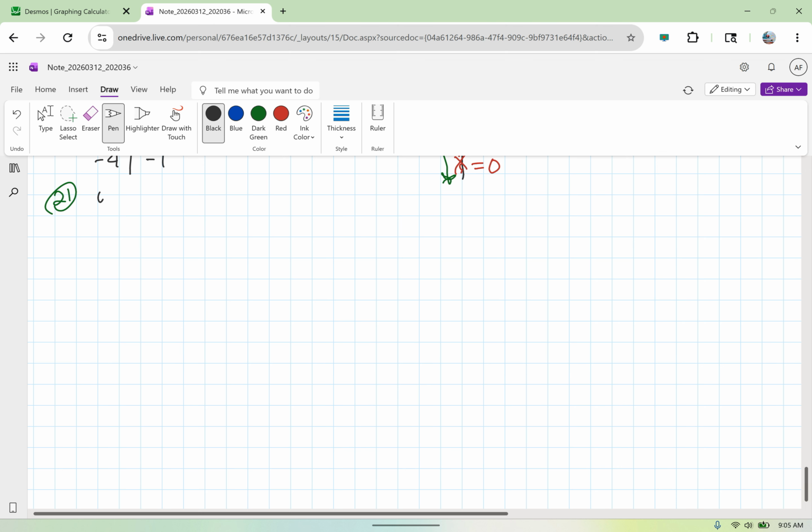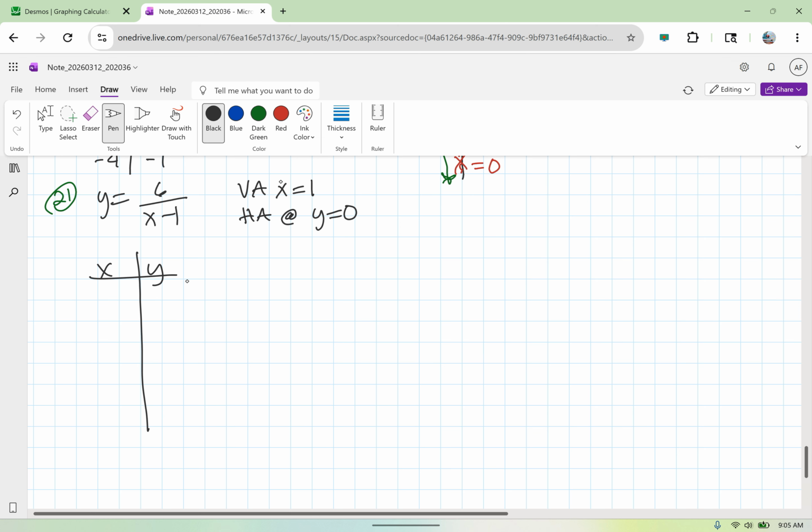All right, 21. This one's equation is that y equals 6 over x minus 1. My h value is 1. So that means that my vertical asymptote is at x equals 1. I do not have a k value, so my horizontal asymptote is still at y equals 0. We are going to do an actual xy table.